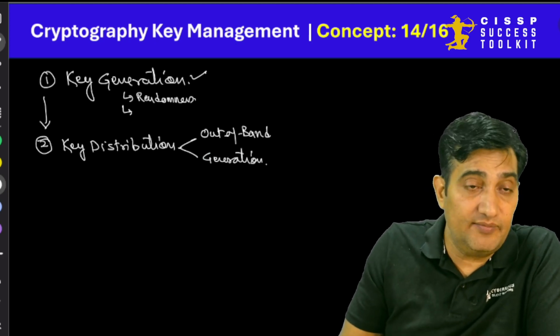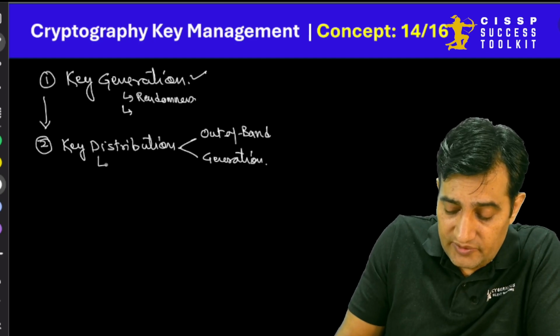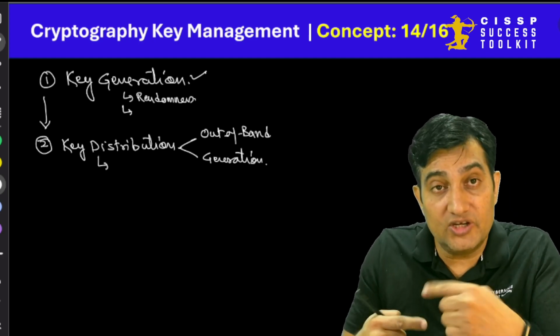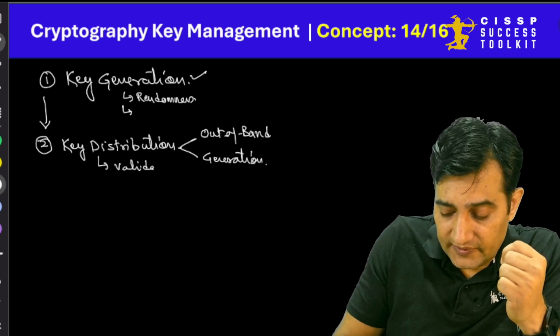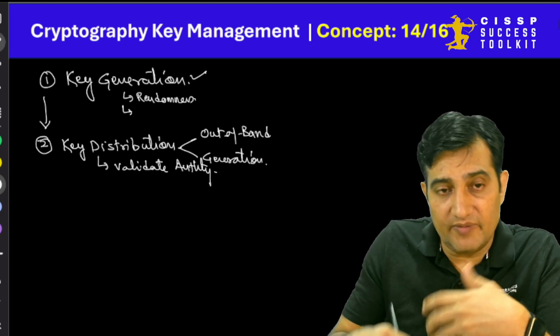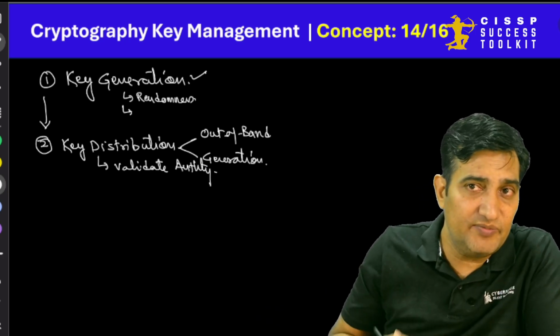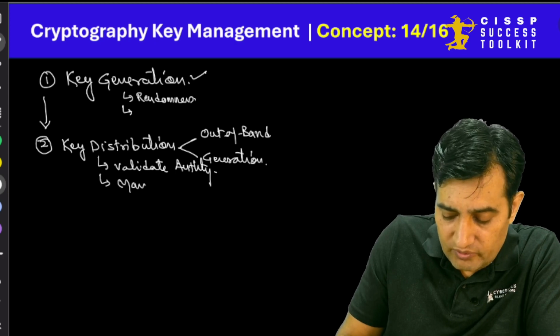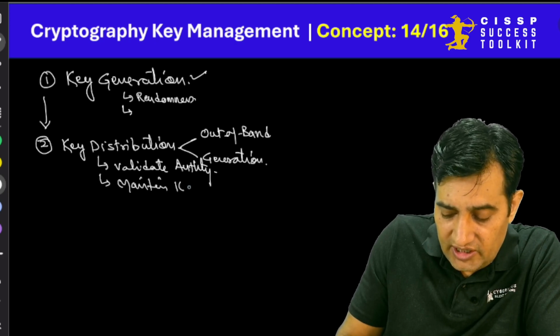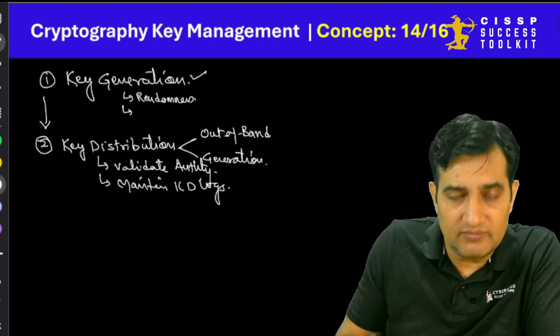Then the second important thing in key distribution: whenever you are distributing the key to somebody, make sure you validate their authenticity, because if by mistake you give the key to a wrong person, it can be misused. And then you must maintain the key distribution logs all the time.